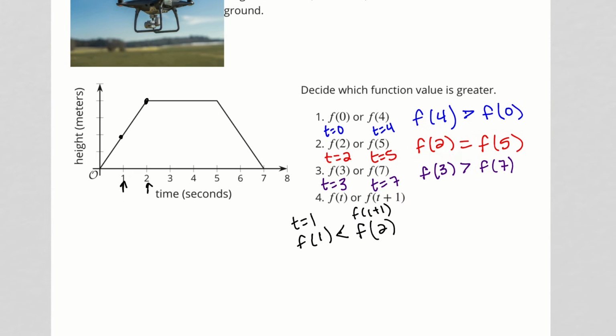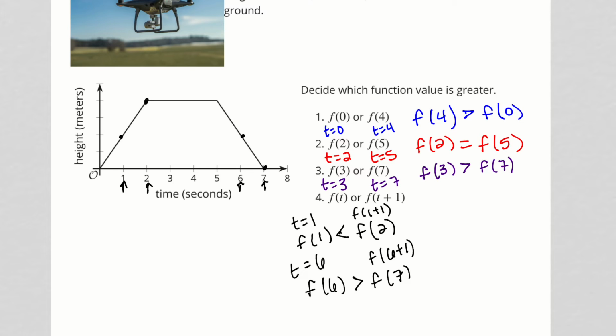But what if I have t equals 6? Then I would have f of 6 and f of 7. Is f of 6, right here, greater than f of 7, right here? Yes. So is it going to be one specific direction every single time?